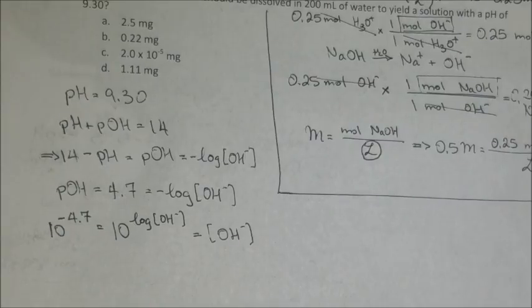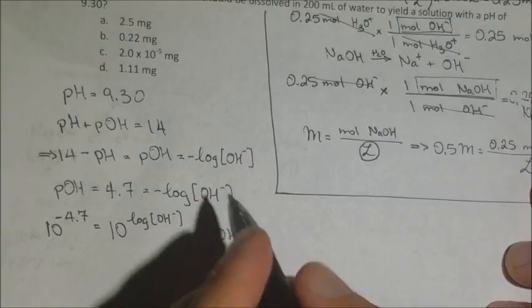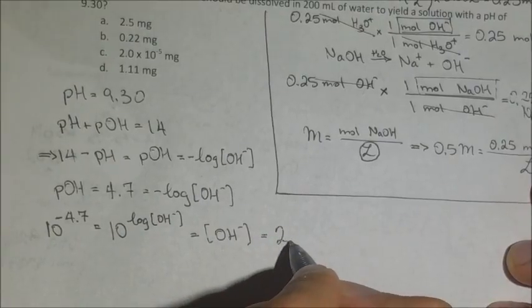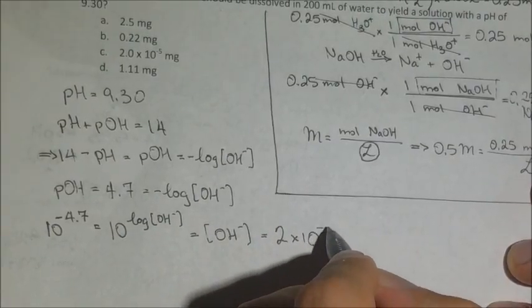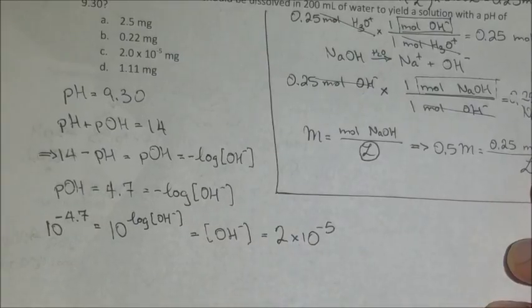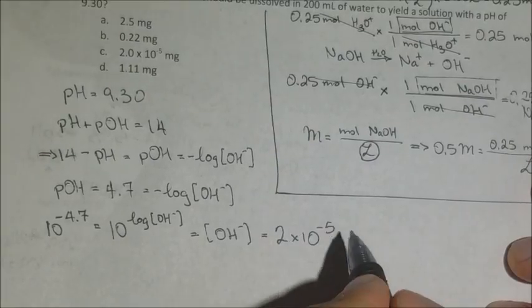So 10 to the power of negative 4.7 is going to give me basically 2 times 10 to the negative fifth. My calculator says 1.995. You might get something similar to that. I think that just rounding it up to 2 is perfectly okay. So this now gives us the hydroxide concentration.